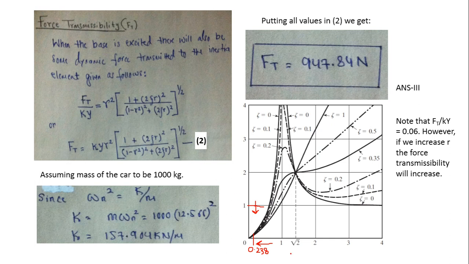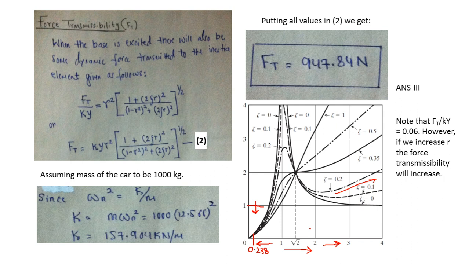But on the other hand, if we increase the value of r, then you can see that the force transmissibility will again be increasing, if we further increase the value of r. So it will not be favorable for us to increase the value of r.